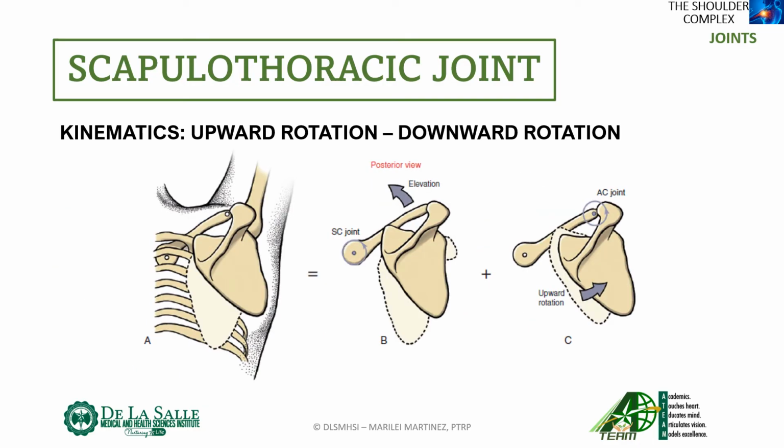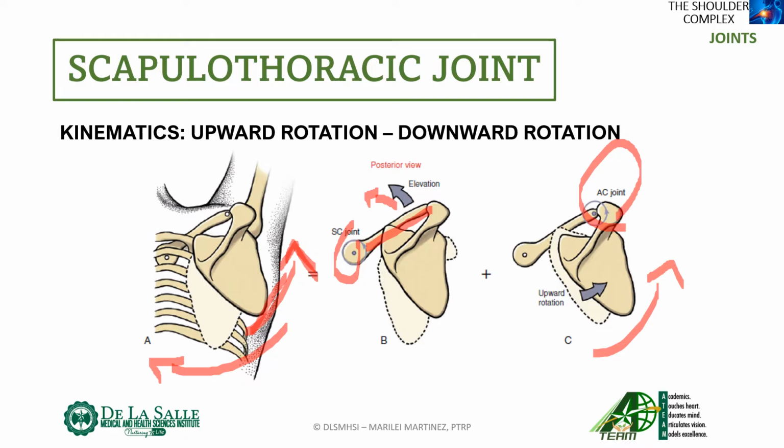Lastly, for upward and downward rotation of the scapula in the scapulothoracic joint. First, let's proceed with the upward rotation. So for the upward rotation of the scapula in the scapulothoracic joint, there should be elevation of the clavicle in the sternoclavicular joint and upward rotation of the scapula in the acromioclavicular joint.